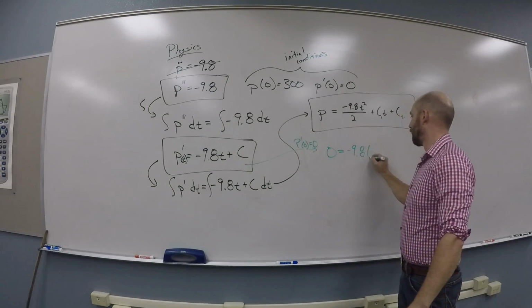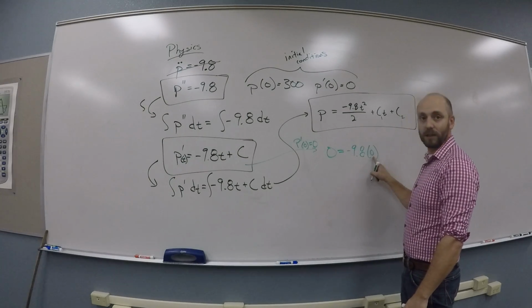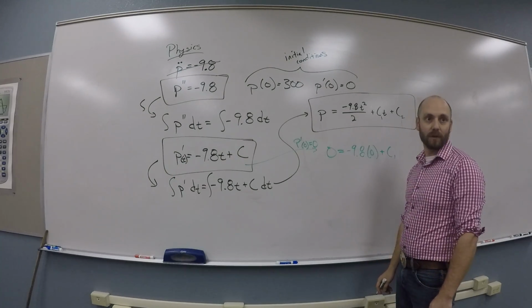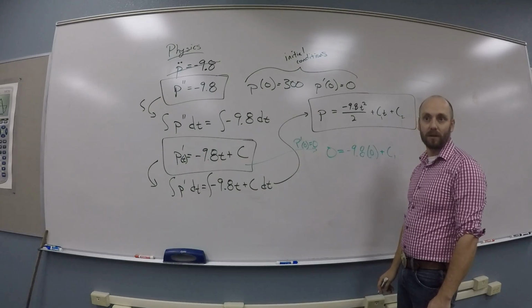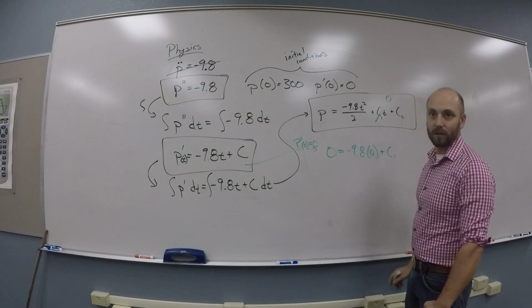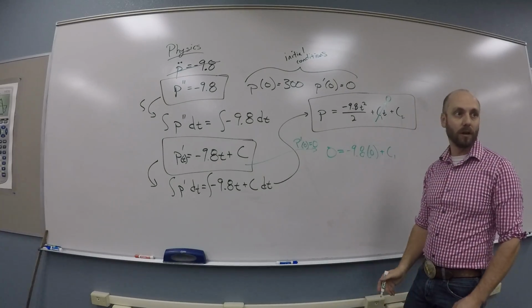So minus 9.8 times 0 plus my first constant. You see that? So C1 is 0, which doesn't factor in this line. Bam. So that part's gone.